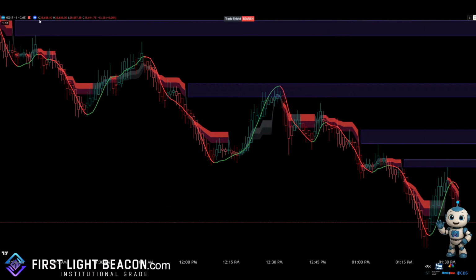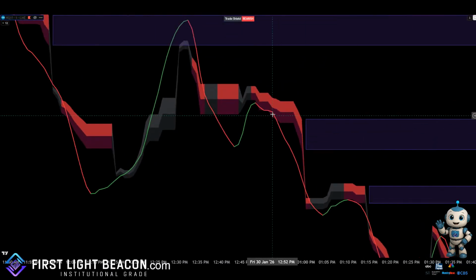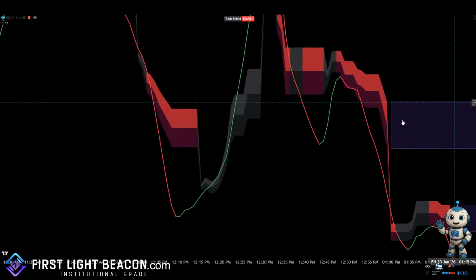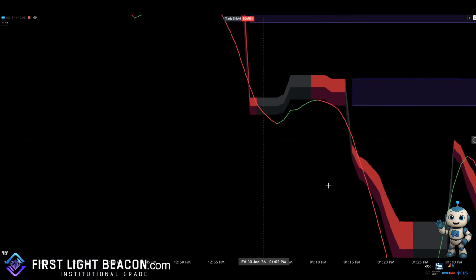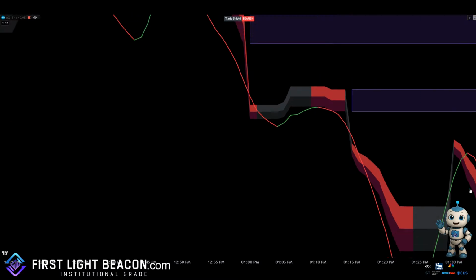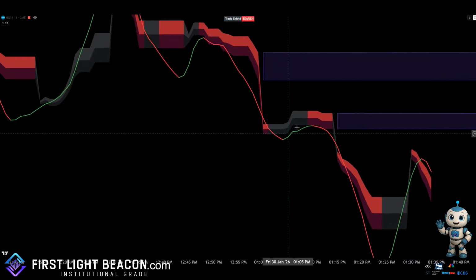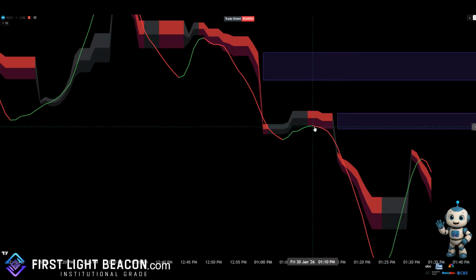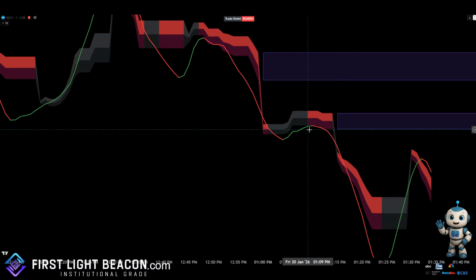But the rule set for these DRE trades is the beacon line must go inside the zone and come back out, right? Even though this one wins, see how this comes down, doesn't go inside, and comes out, and it wins. A lot of times this is a false breakdown, and it'll retest, come up, and swing the high again.